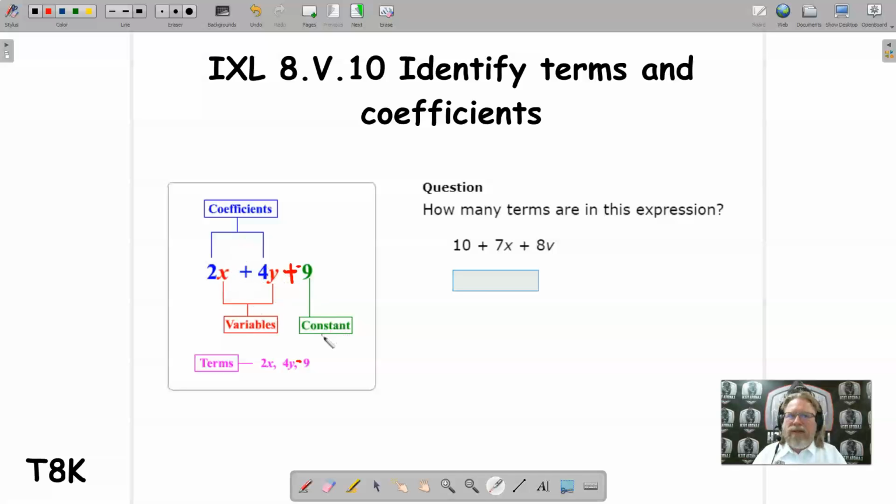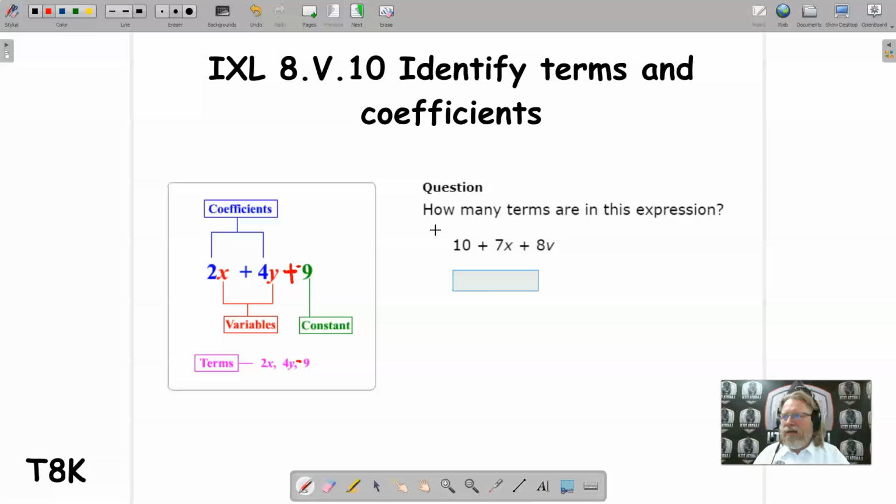And the coefficients are the values that are in front of the variables, such as 2 and 4. So again, terms are the parts of an expression separated by an addition sign, such as 2x, 4y, and negative 9. The variables are the letters, and the coefficients are the numbers that are in front of the letters.